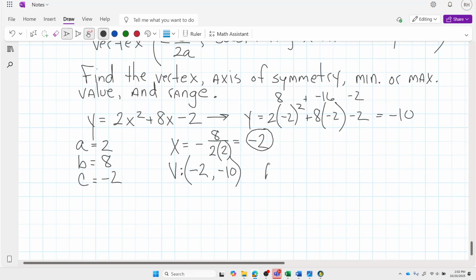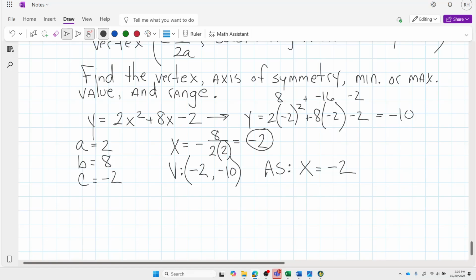Our axis of symmetry is x equals whatever the x value is at the vertex. So negative 2. So we've got vertex, we have axis of symmetry.